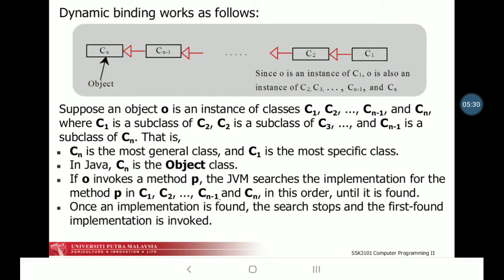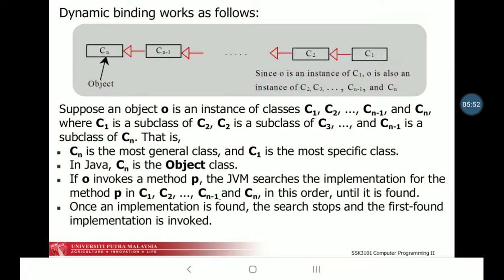For example, if we are creating an object called o, and this object o invokes a method called p, the JVM, the Java virtual machine, tries to search for the implementation of the method p from the lowest class, the subclass.